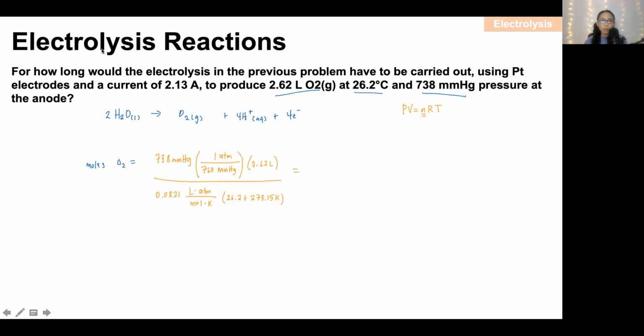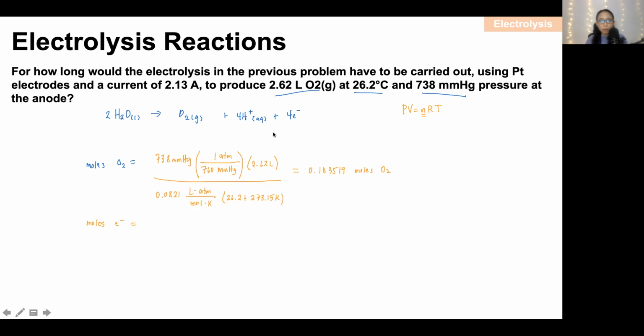Okay, so moles of oxygen is equal to 0.103519 moles of oxygen. So this means how many moles of electrons were involved in this electrolysis reaction.